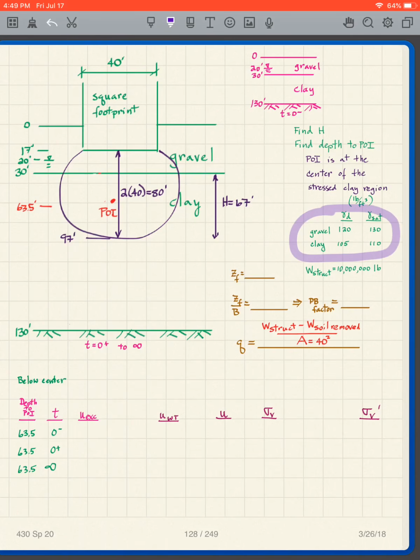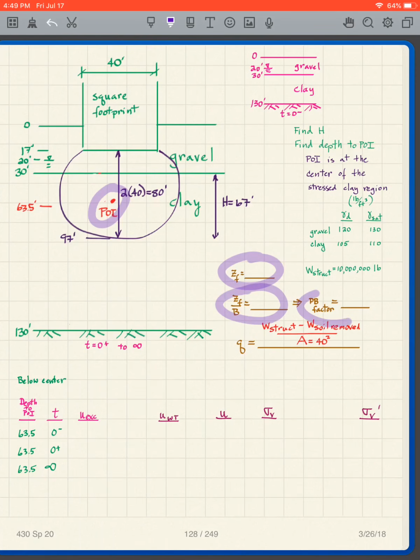All the dimensions are shown, and what I want to do is come up with my sigma v primes in this particular case. So here's my point of interest right there. I want you to fill in this table. So in other words, fill in these blanks, get your pressure bulb factor. I've helped you out a little bit there to figure out your Q.